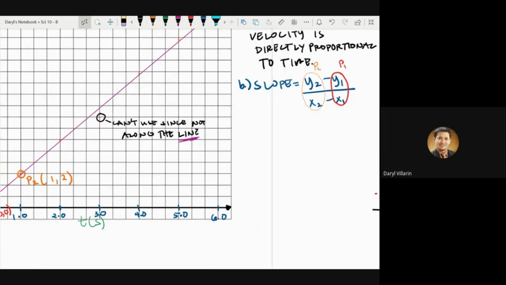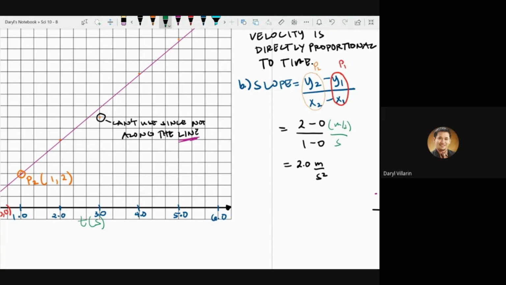So for my calculation of the slope, y2 is 2 minus 0, and this is 1 minus 0, and this gives me 2.0. But what would be the unit? Well, the numerator is in meters per second because of this velocity over second. So that gives me meters per second squared. Again, that is coming from meters per second over second.